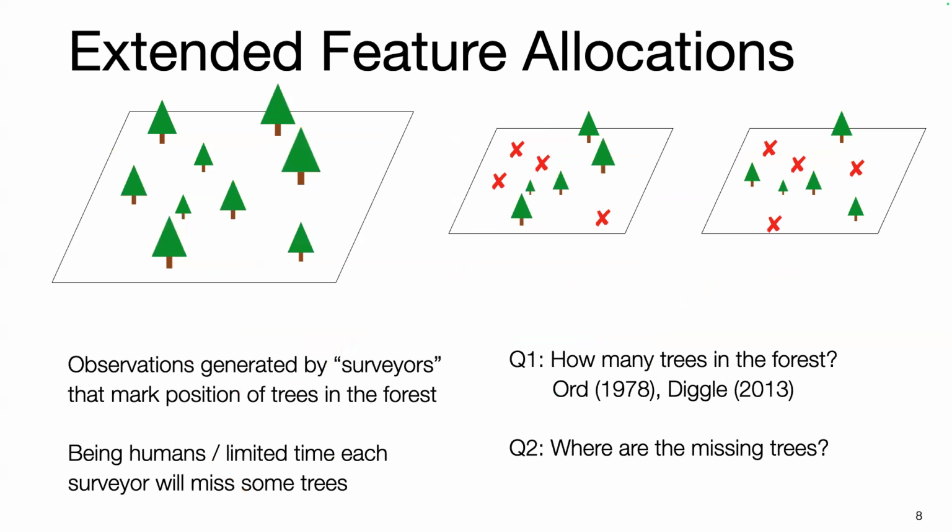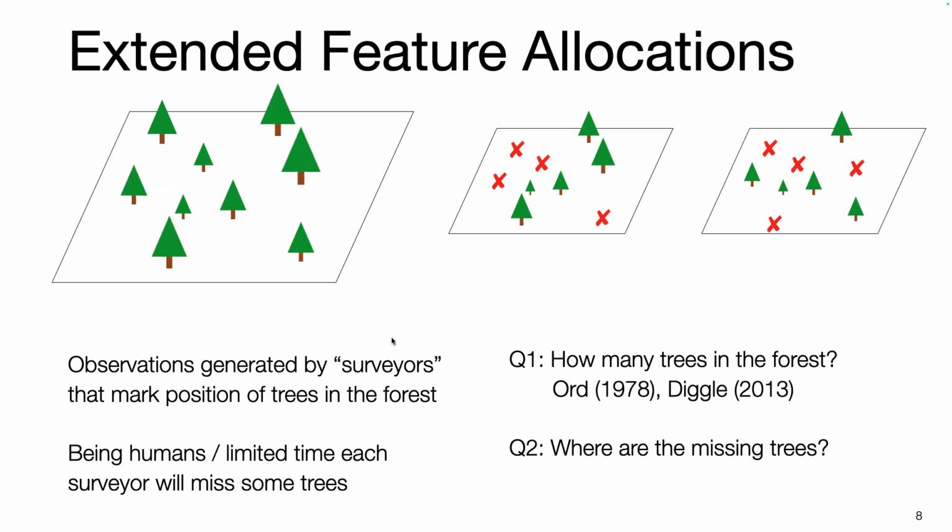Another setting where feature labels are important is the following, and will also be the object of a numerical illustration that I will present at the end of the talk. In this case, the feature labels, the x_j's, are the positions of trees inside of a forest. And we have observations that mark the position of only a subset of the trees in the forest, because they are generated by human surveyors, that are people that go in the forest, and with a GPS, they mark the position of the trees they see.